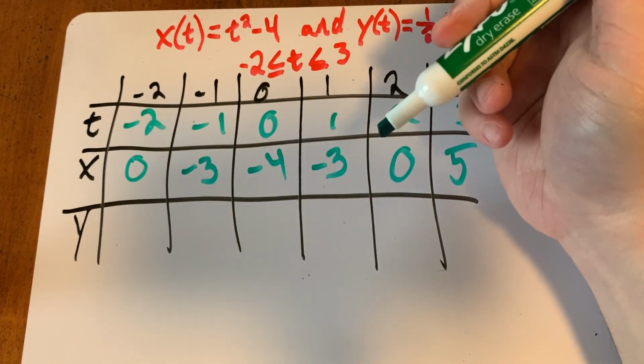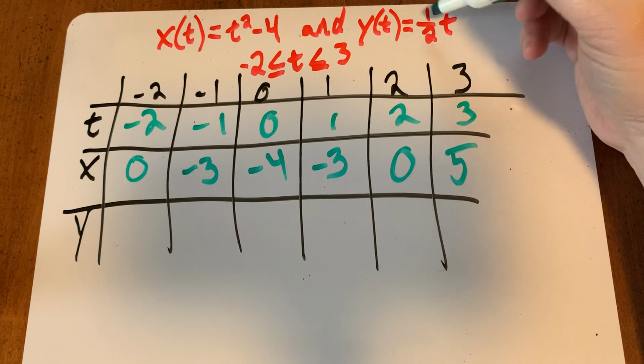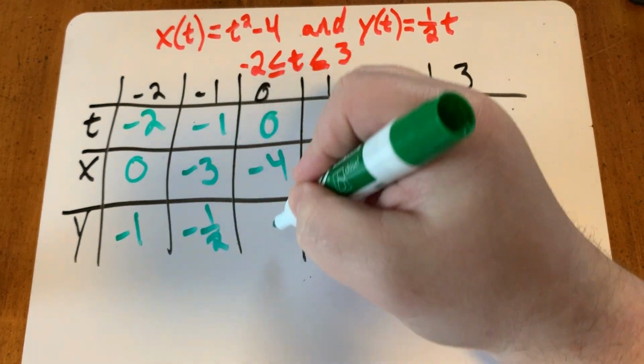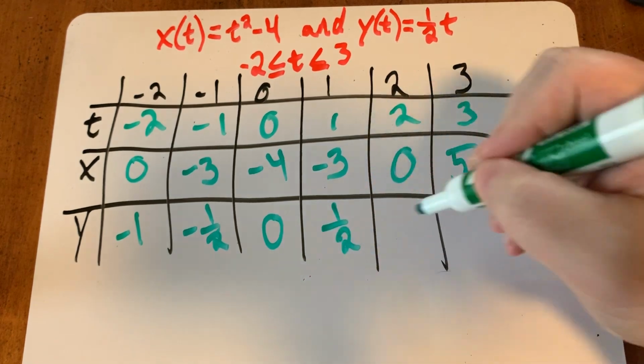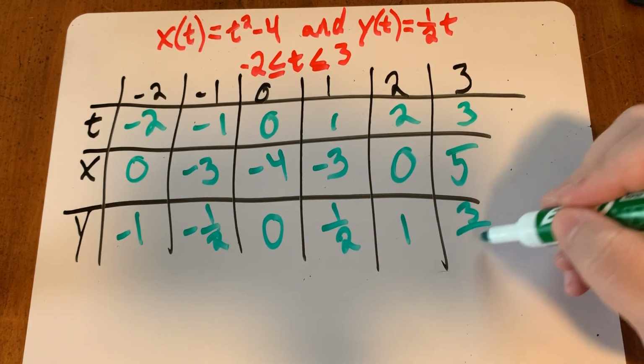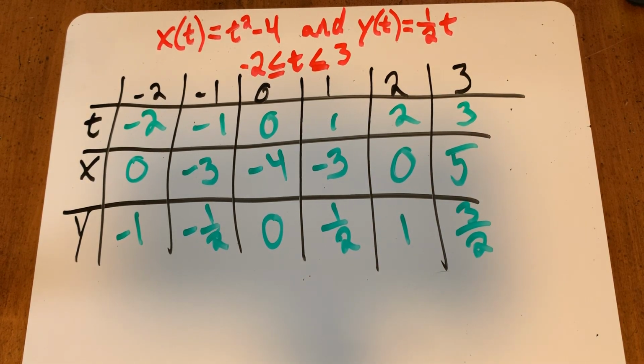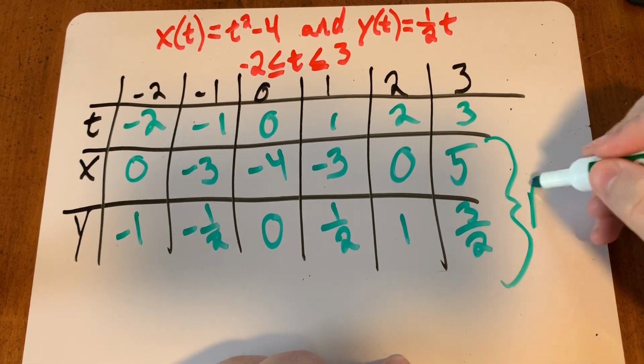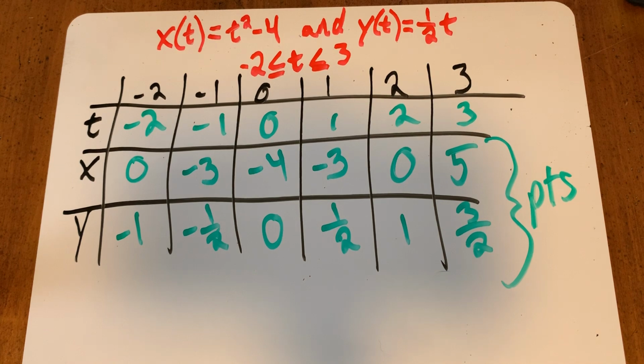And then for the y, we have half of each: -1, -1/2, 0, 1/2, 1, 3/2. So these give us the actual points, our x and y.